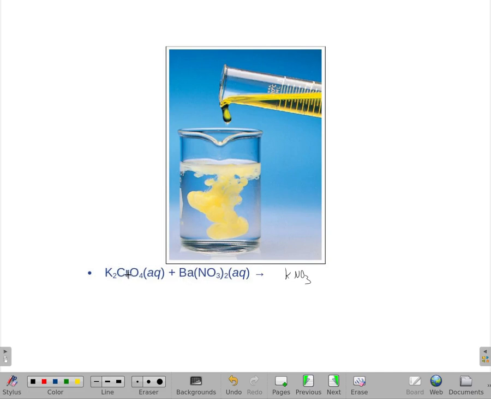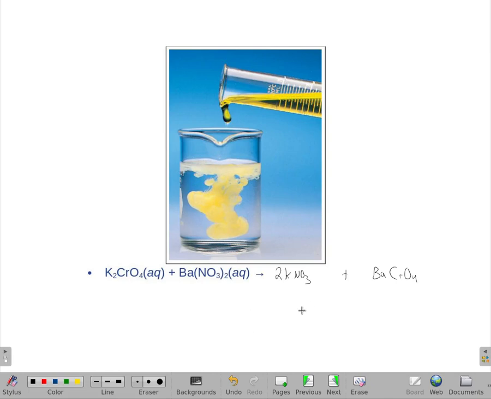That's a +2, and chromate is a -2, so that's barium chromate, BaCrO4, no parentheses, +2, -2. All right, balancing it out, I have 2 nitrates, so 2 nitrates. That gives me 2 potassiums, 1 chromate, and we are balanced.